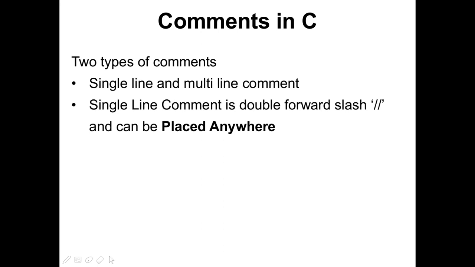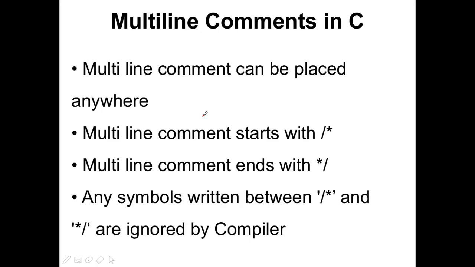There are two types of comments present in any language. They are single line comment and multi-line comment, okay. So how will you add a single line comment? A single line comment is preceded by a double slash, okay. This double slash can be placed anywhere in the program. Wherever you want, you can put a double slash and write your comment.